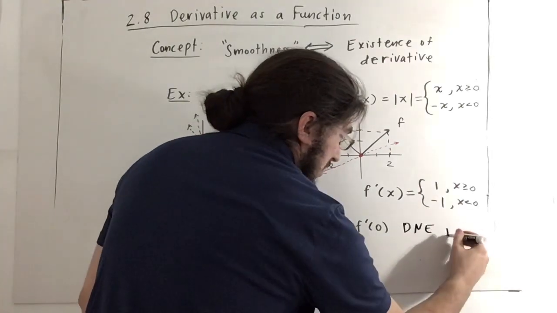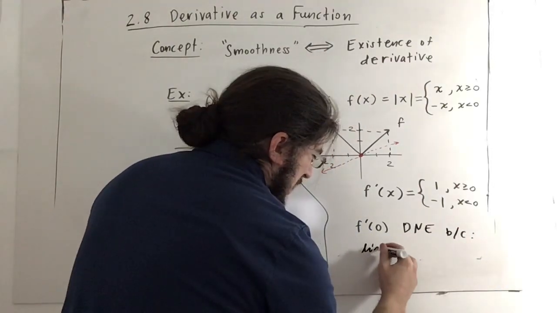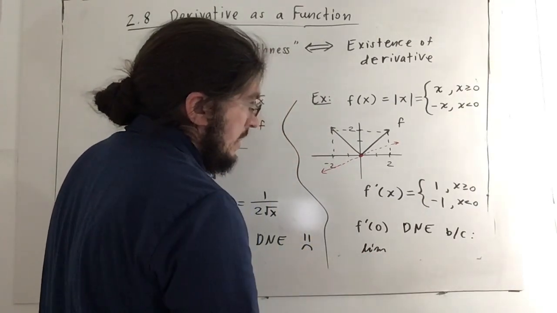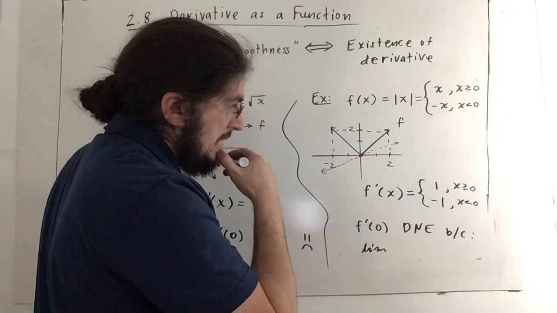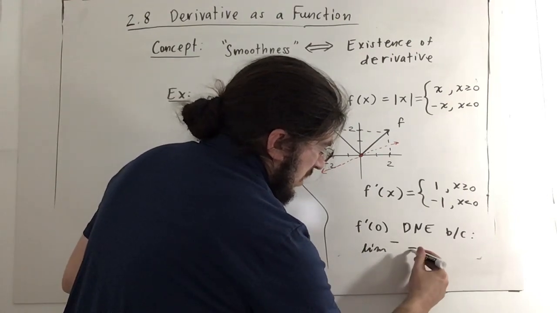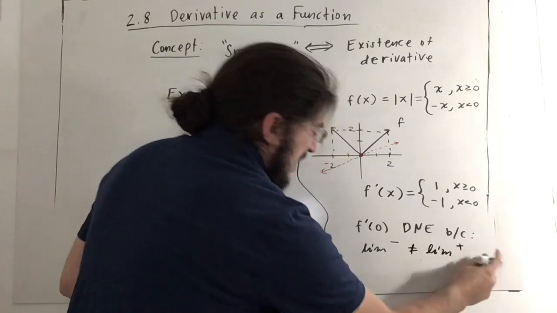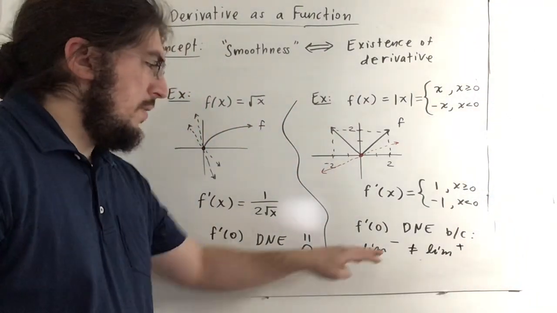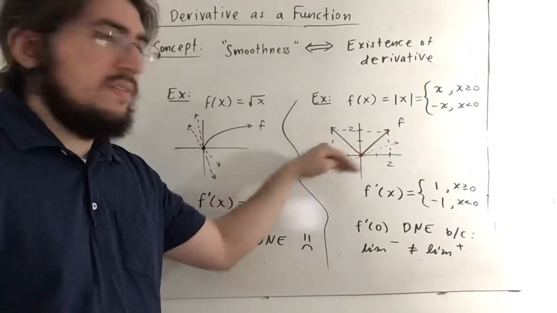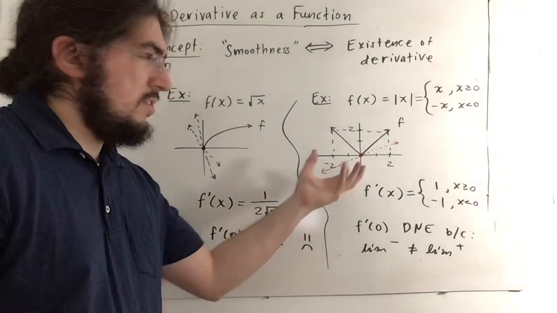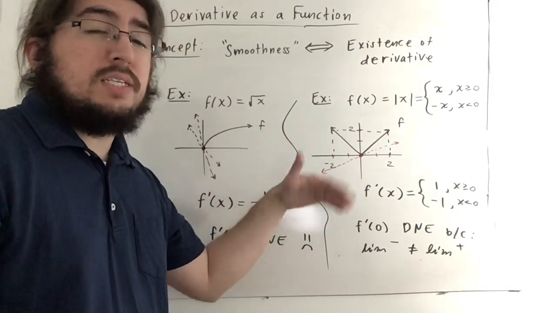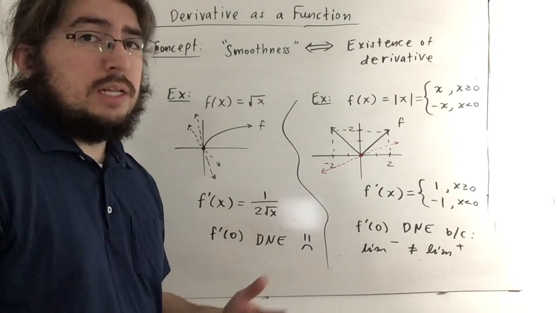Let me just say the limit from the left doesn't equal the limit from the right. That's kind of a weird notation, but I don't want to write it too much. And you can kind of see that because their derivatives are going to be different. And geometrically it comes to this whole balancing act. Is there a smoothness or is there a sharp edge? If there's a sharp edge, we can't define a sweet spot to balance on. So that's really what it is.